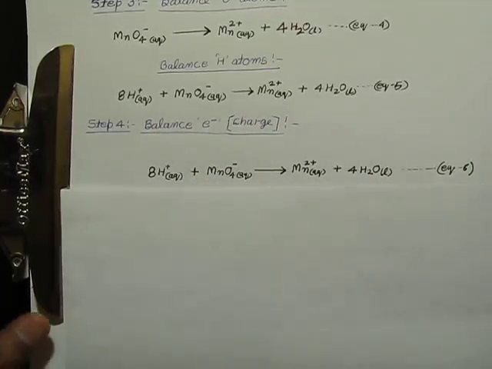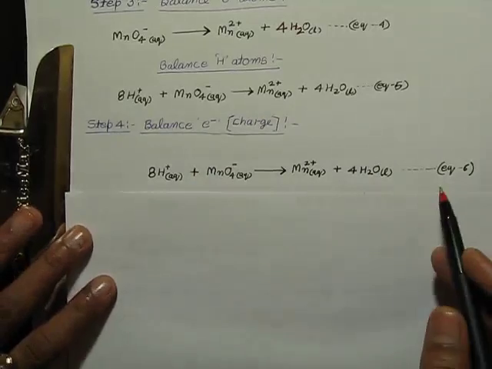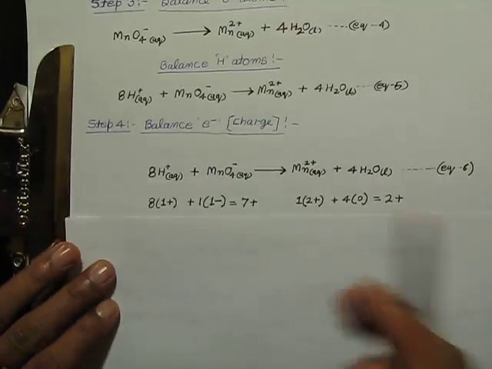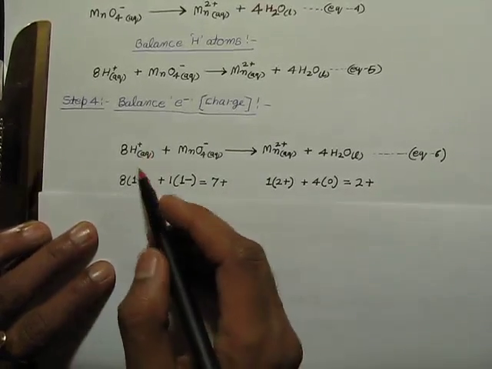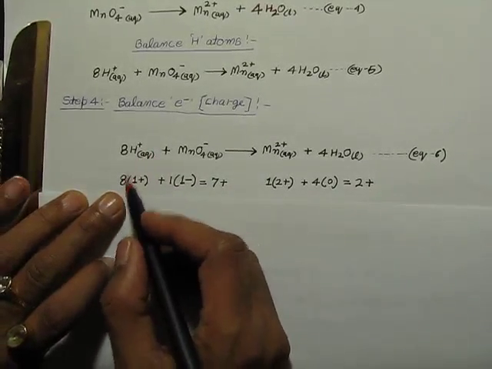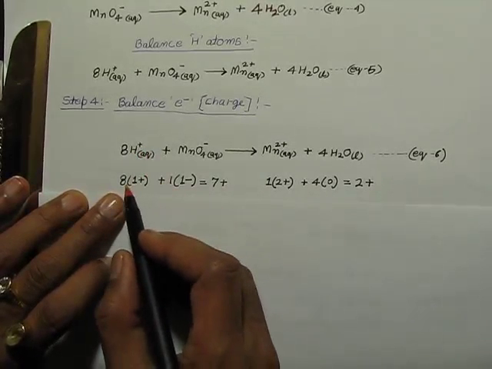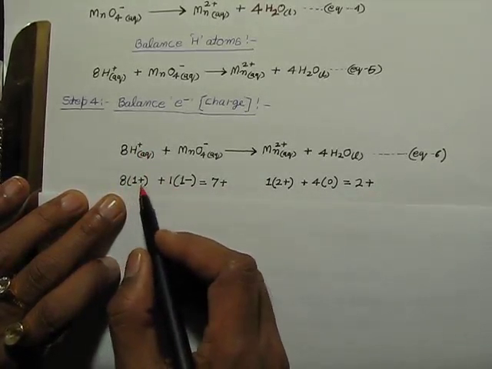So we have to balance the charges. So how will we count this charge? If you see, the number of positive charges is 8 due to H+, 8 multiplied by 1+, so total 8+.